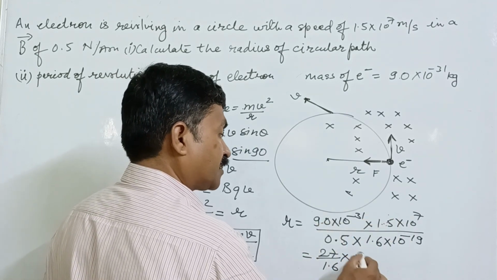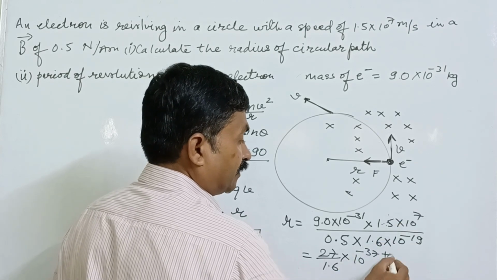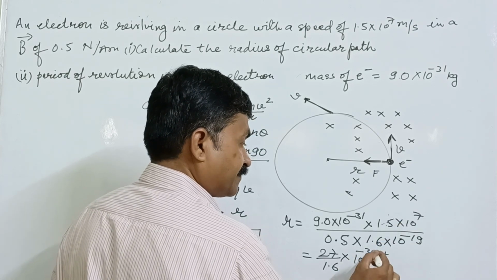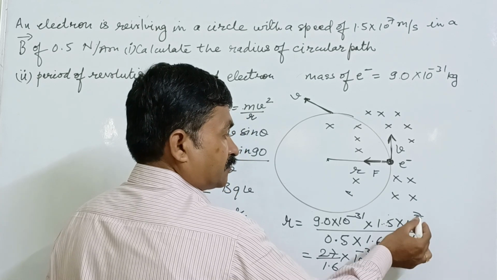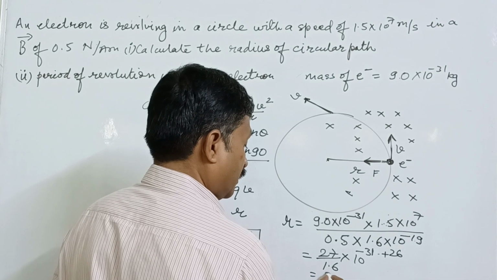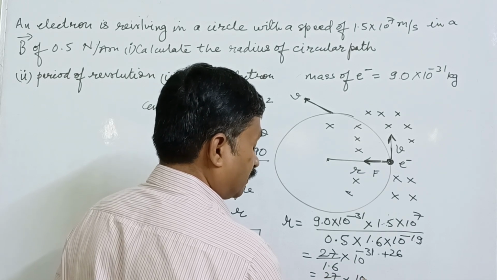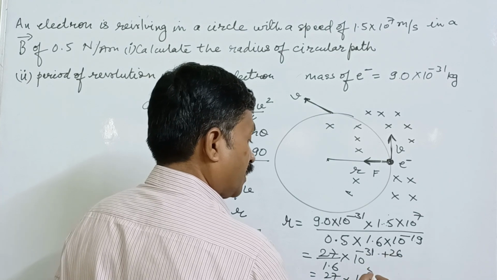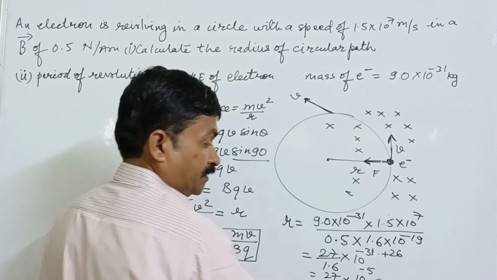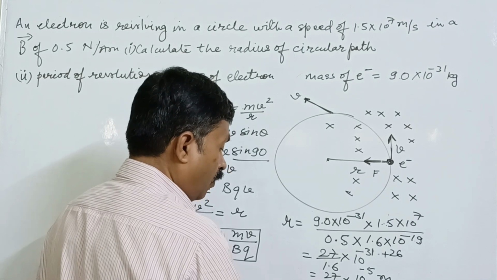Now it is 10 raised to the power -31, 19 plus 7, 26. So it is 27 upon 1.6 into 10^-5 meter. Final calculation we can do.